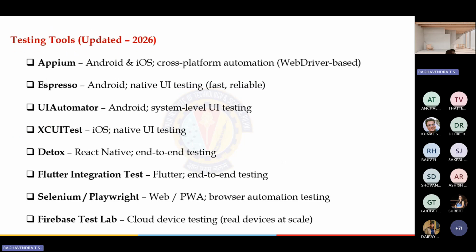Testing tools are used here in order to ensure that your application is working perfectly fine. We'll be using Appium, a cross-platform tool, to ensure correctness from both perspectives, Android as well as iOS. Espresso, which comes with Android, for native UI testing, only for the user interface to be verified.